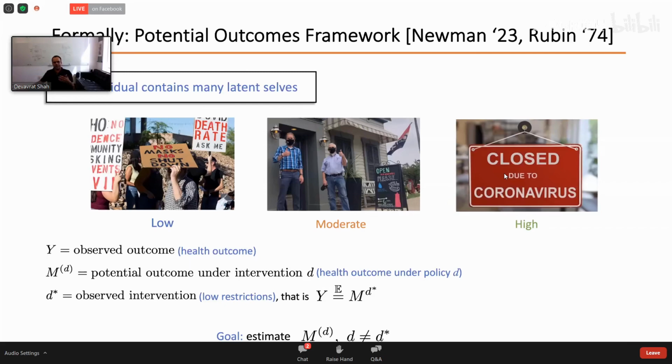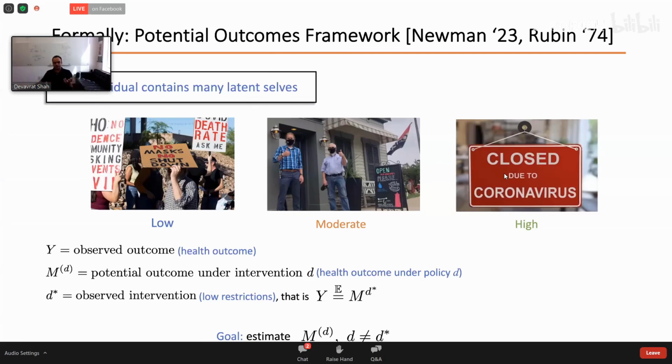Let's say M sub D is the potential outcome that is of interest but not observed under intervention D. In our case, there are 3 different interventions: low, moderate, high. And M sub D over time can represent, as we'll see in a second, a matrix of observations with rows corresponding to countries and columns corresponding to time.